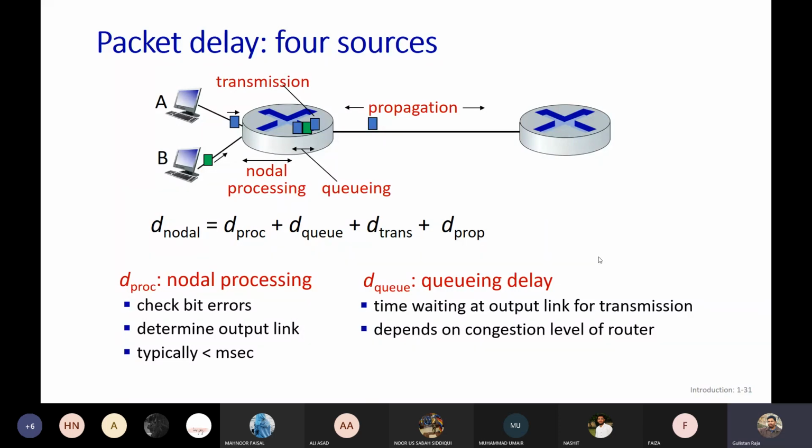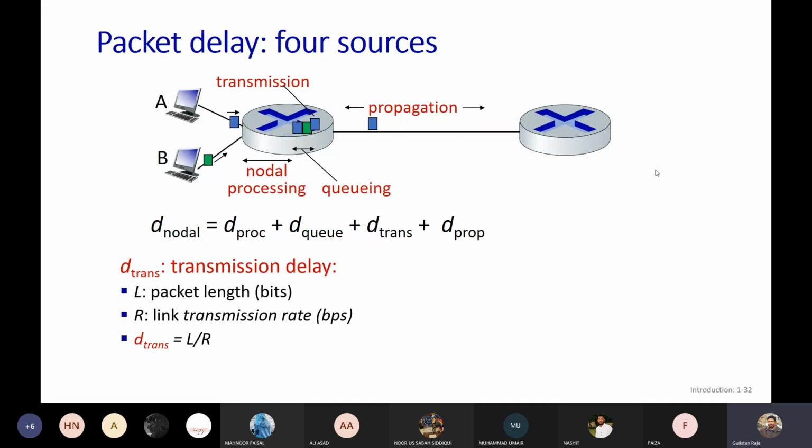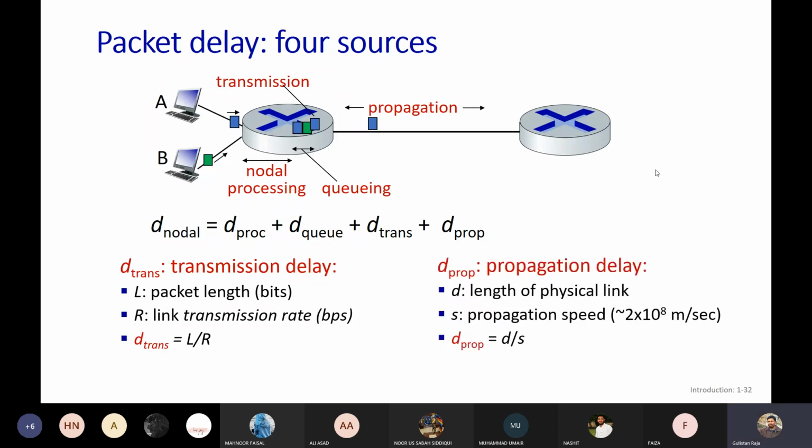Next is transmission delay. You already know about it, so I'll not talk about it. It is L by R. And the last one is propagation delay. Propagation delay depends upon D and S. D is the length of the physical link, not hops, in meters, kilometers, whatever it is.